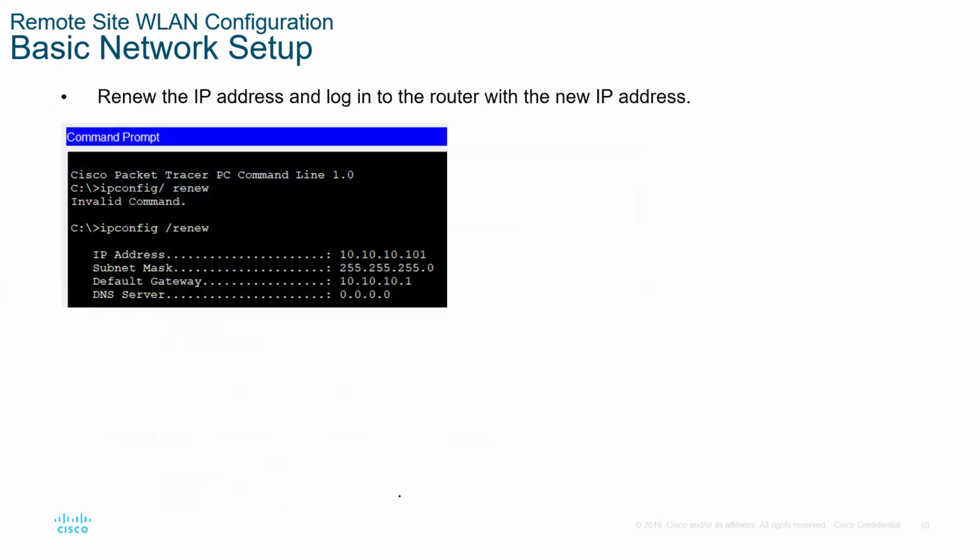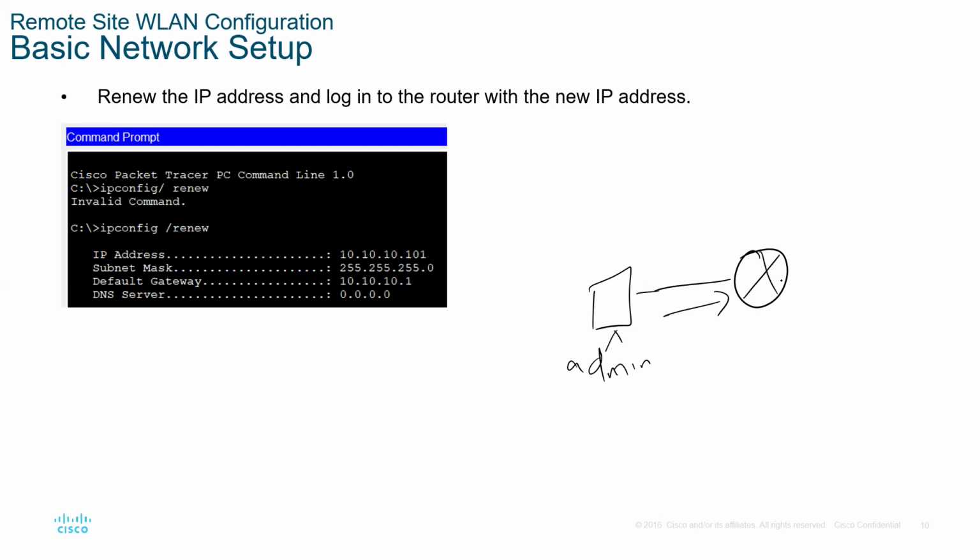After you've changed your IP addresses, this is your router. Let's say this was your admin, and I was using this admin to get access to this router over the web browser.